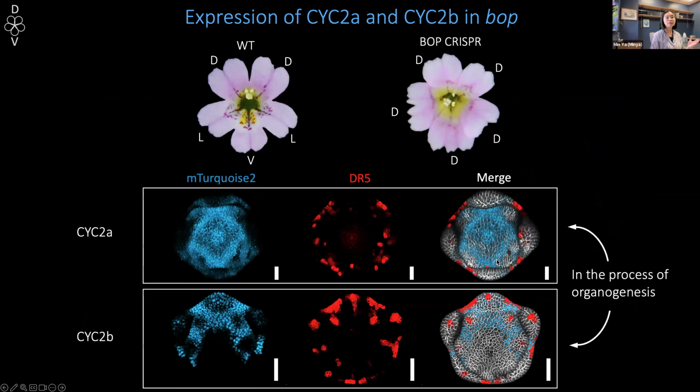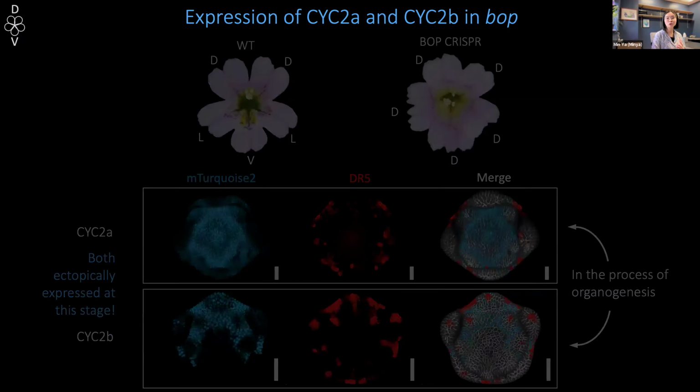For instance, here we have two floral meristems that are still in the process of organogenesis, initiating organs. And it's obvious that both of these two genes are no longer restricted to the dorsal side anymore, particularly 2A, which extended all the way down to the ventral side. So now we want to see whether the patterns of activation and initiation of Cyc2A and 2B changed in the BOP CRISPR line.